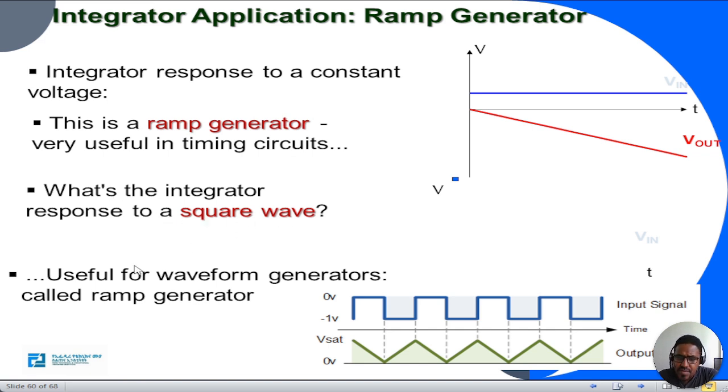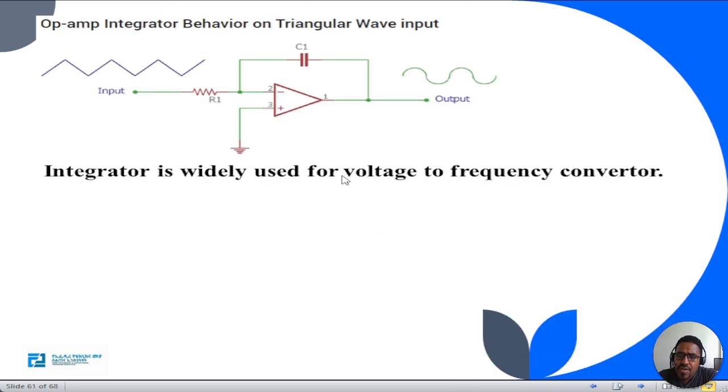A square wave, useful for waveform generators, called a ramp generator. So if the input signal is a square wave, the output can become a sawtooth or triangular wave. The integrator is also well used for voltage to frequency converters.